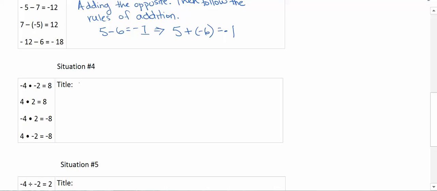Next situation is going to be multiplying integers. And in this case, you can see that when you multiply a positive times a positive, you're going to get a positive.